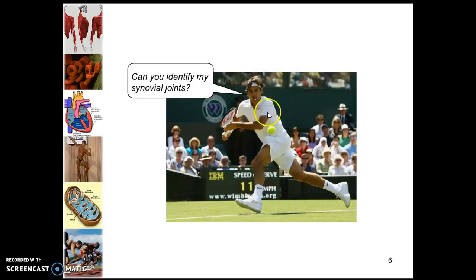Your job is to pick out all the places where two or more bones meet and movement can take place, and then classify it using the category of synovial joint. So you'll have shoulder, elbow, knee, hip, spine or vertebral column, then ankle, knee, and you would have to work out which type of joint it is. All right, thank you very much.